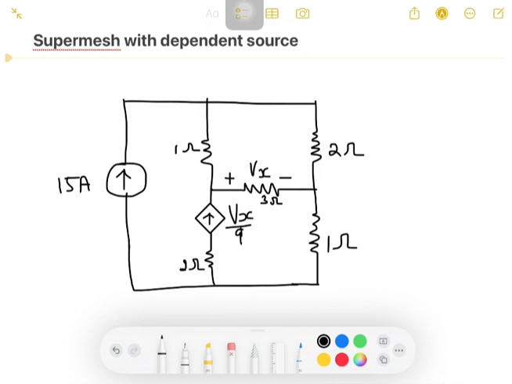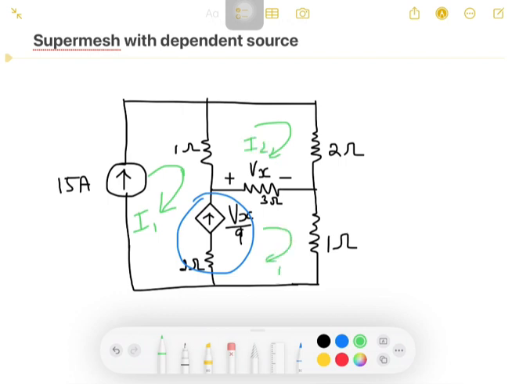So here, looking into this problem, if you observe, there is a current source common to 2 loops. Let me take the loops here. Let this be the I1, and let this be the I2 loop. The current flowing in the third loop is I3.